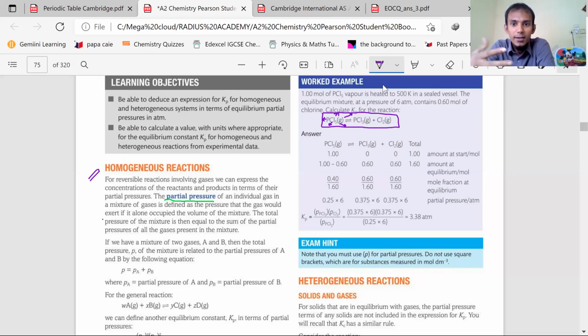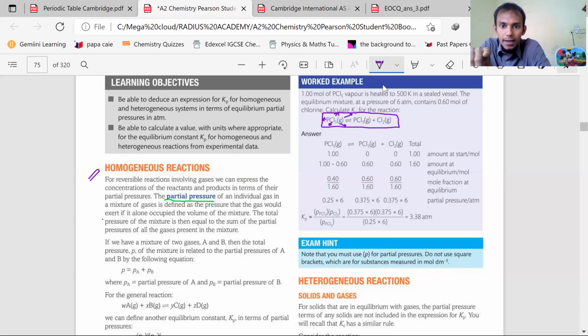For example, a balloon full of air: the gas molecules create pressure on the inner wall of the balloon, and that is the pressure exerted on the balloon, which inflates it. So that's how it goes.